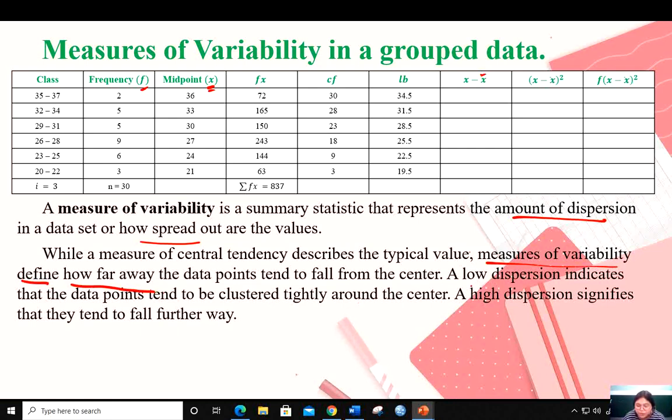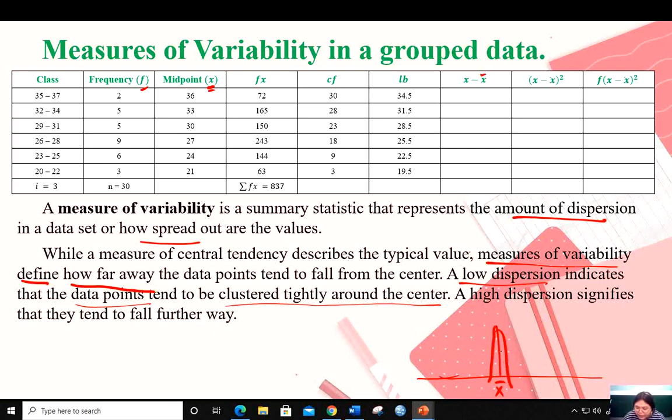A low dispersion indicates the data points tend to be clustered tightly around the center. So, ibig sabihin, kung ito yung center mo, ayan ang center mo, ayan ang mean, pag sinabing low dispersion, ibig sabihin, nandito lang siya.